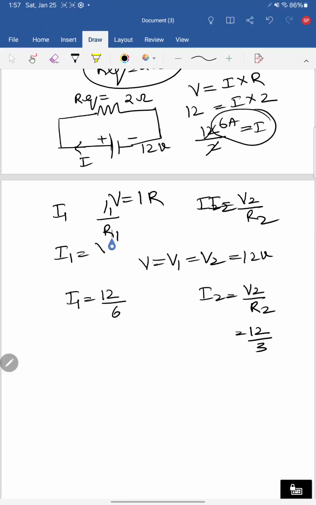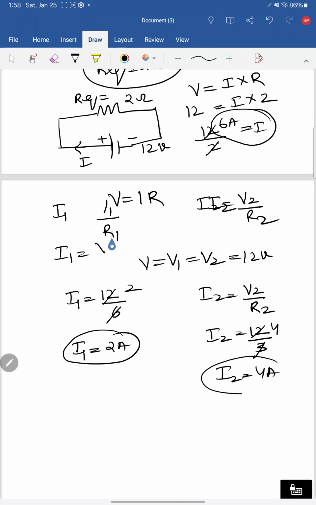You can check again the value of R2. So this will be 3, 4, and this will be 6, 2. So value of I1 will be 2 ampere, and the value of I2 will be 4 ampere. These are the values of I1 and I2.